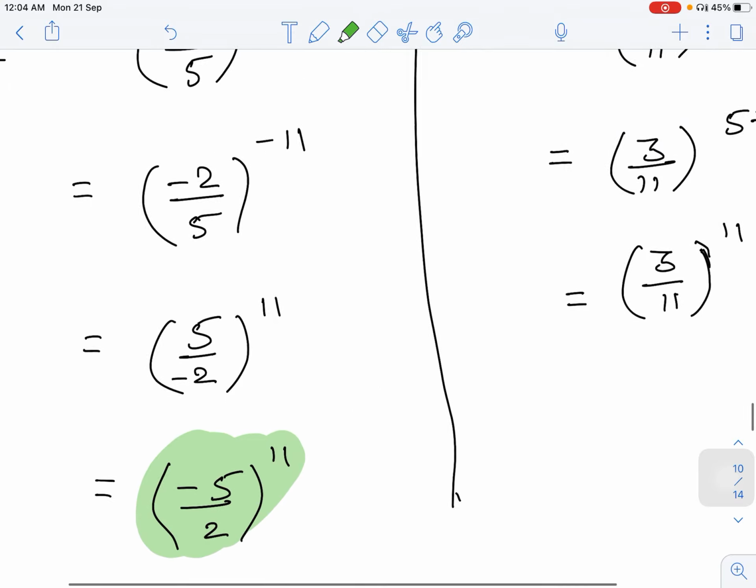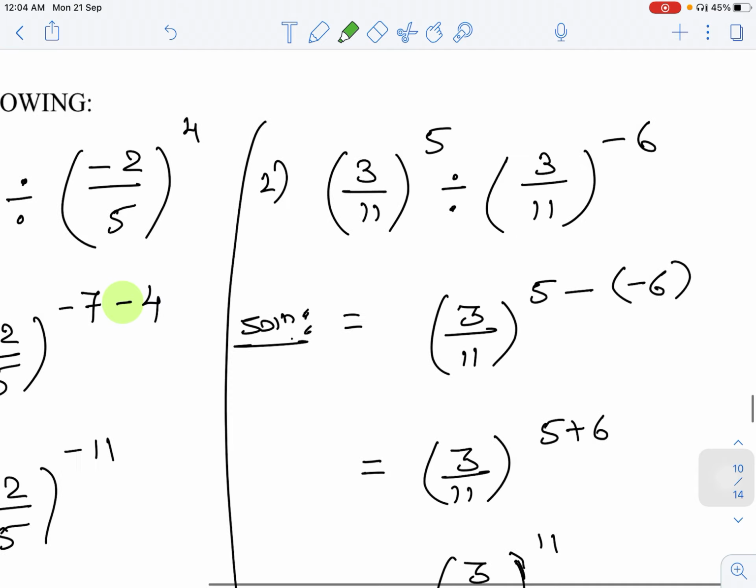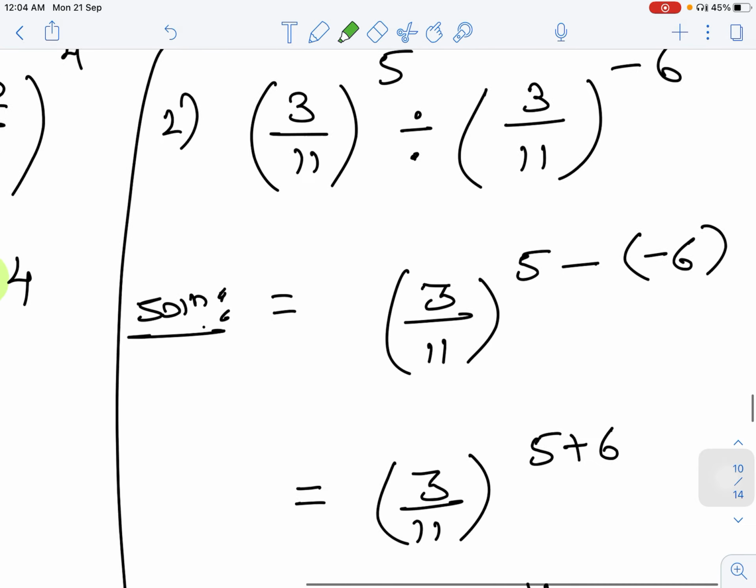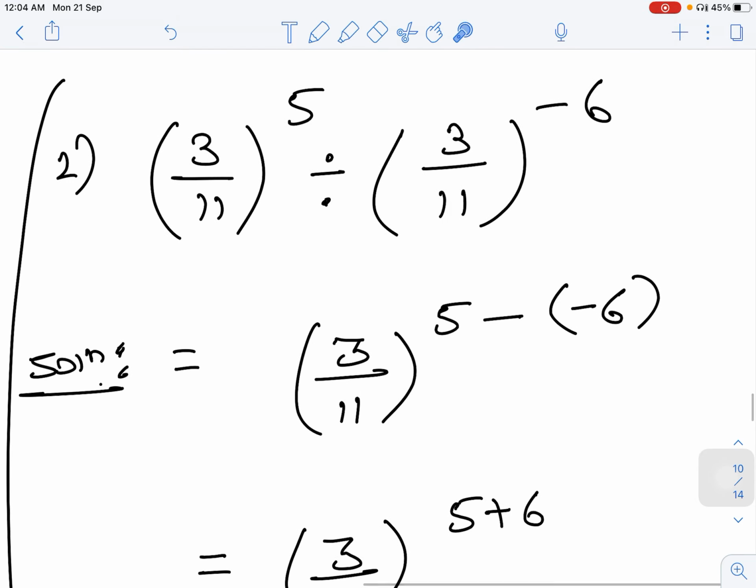Now let us consider one more example based on the same topic. So now here we have 3 upon 11 raised to 5 divided by 3 upon 11 raised to minus 6. Now here again same condition. We have two numbers with same base and different powers. They are dividing each other.